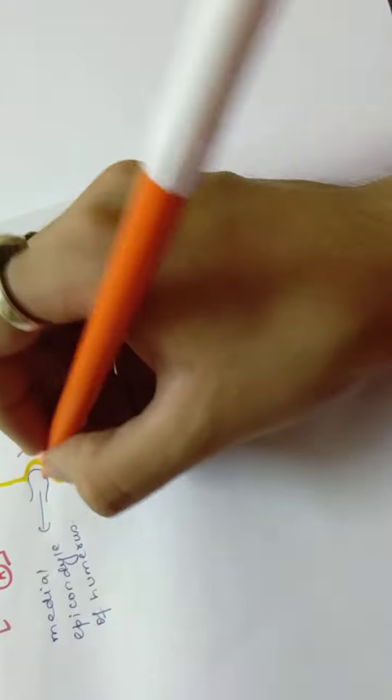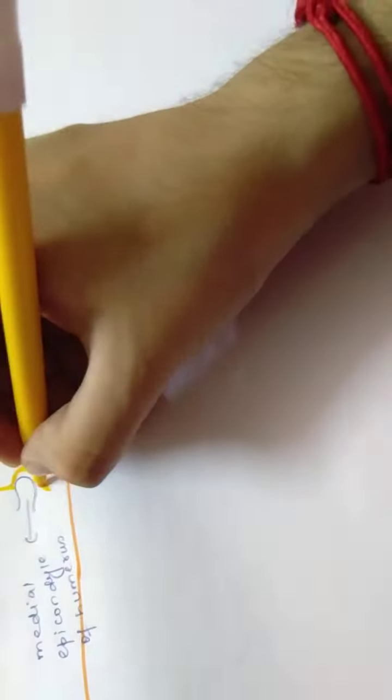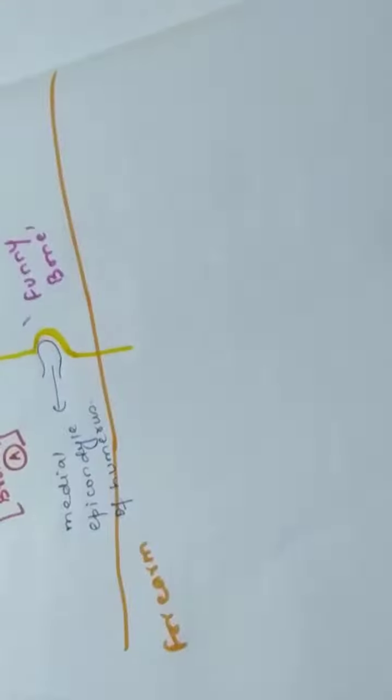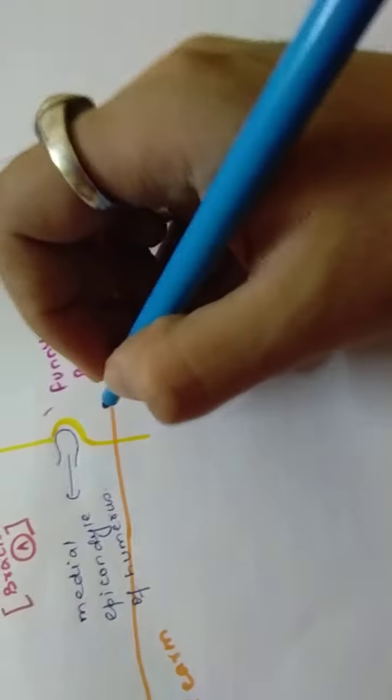Now after this it leaves the arm and it should enter into the forearm. So it enters into the forearm. Now what happens in the forearm? When it enters the forearm, it passes between the heads of a muscle.